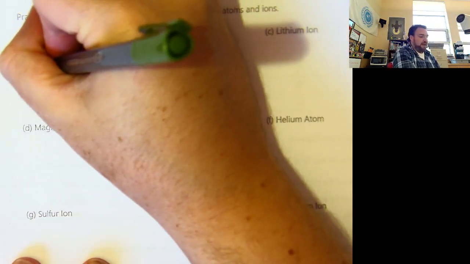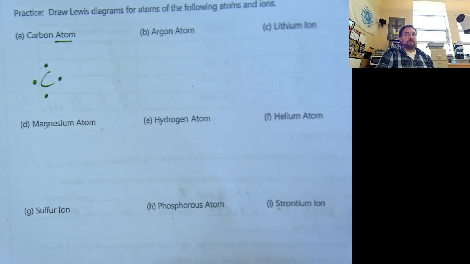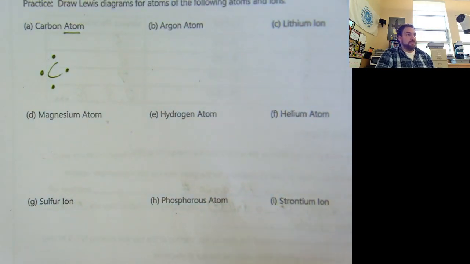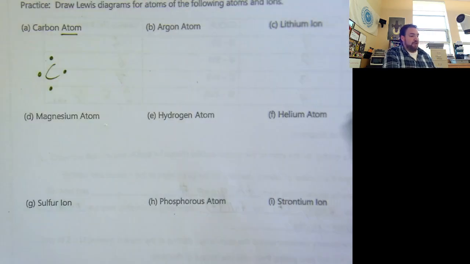So you draw 1, 2, 3, 4, and you're done. Because the thing's in group 14, and the little number's right there up at the top, you don't need to do any counting. Carbon's right there, group number 14, only got 4 electrons in it. Those are the 4 that we draw.